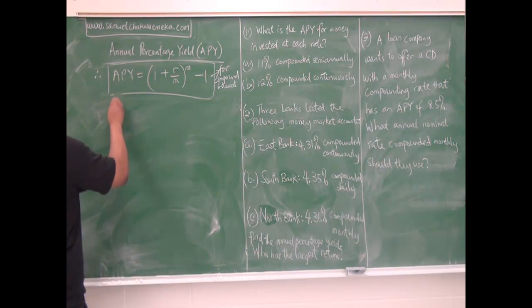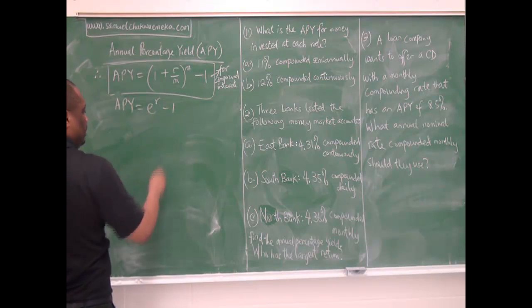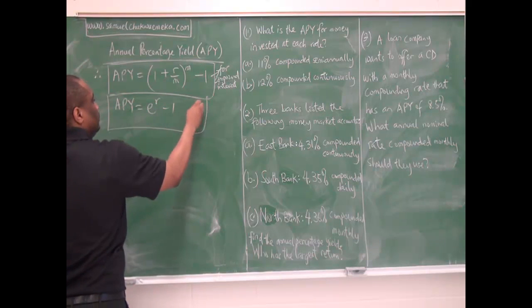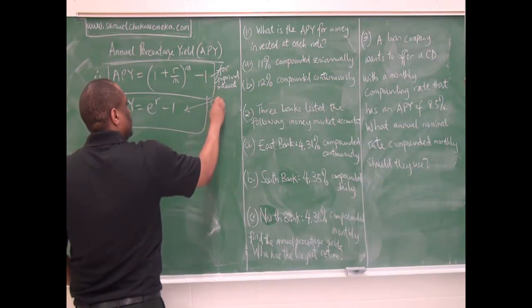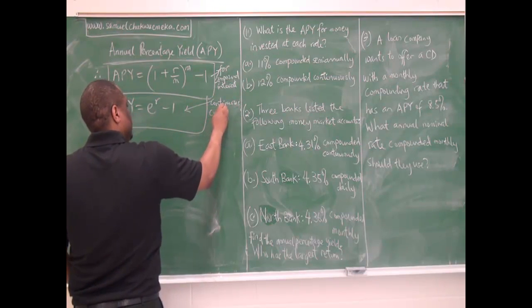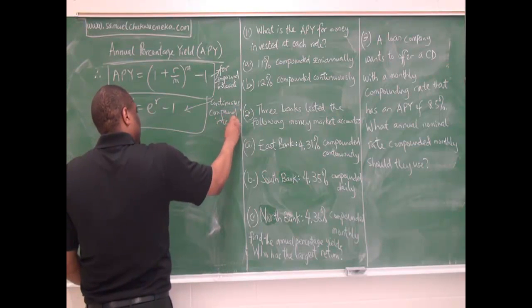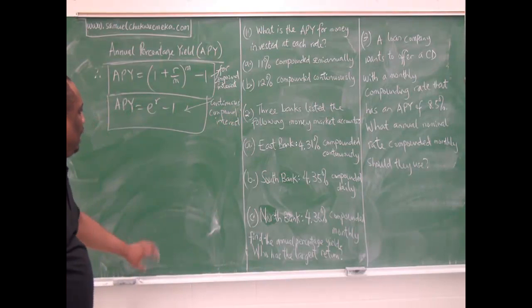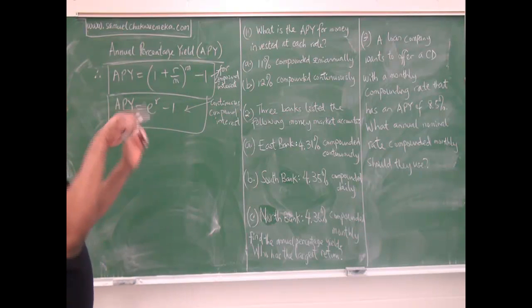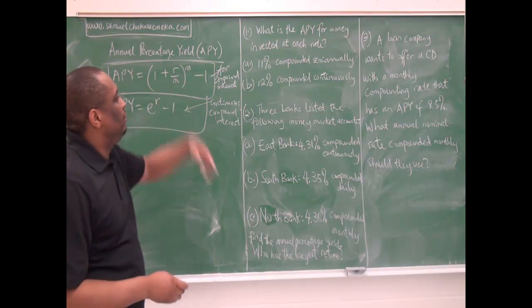Continuous compound interest, APY equal to e^R minus 1, right? Now let's do number 1.